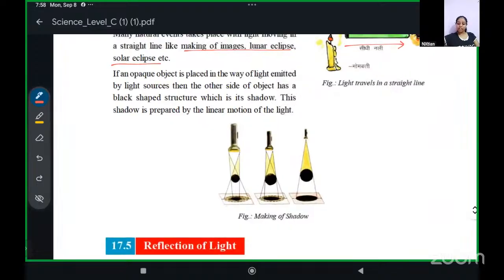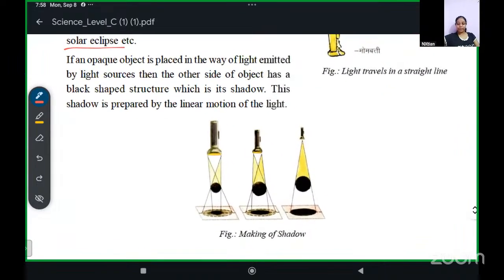If an opaque object is placed in the way of light emitted by the source, then the other side of the object has a black shaped structure, which is its shadow. The shadow is prepared by the linear motion of the light. Opaque means something that does not allow any light to pass through it.